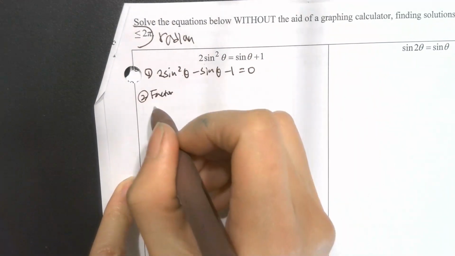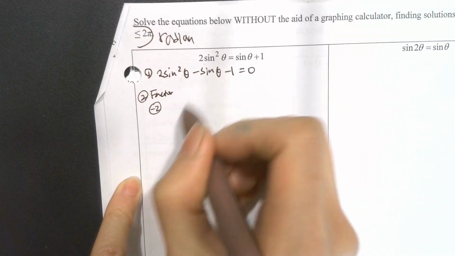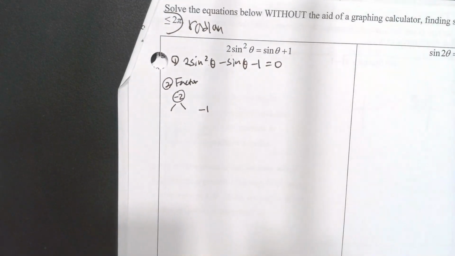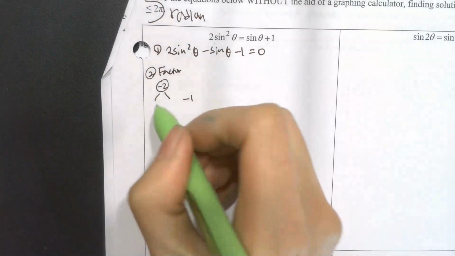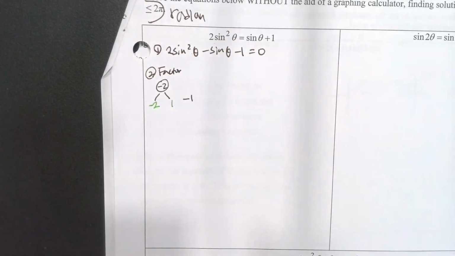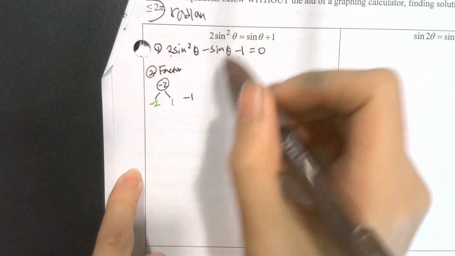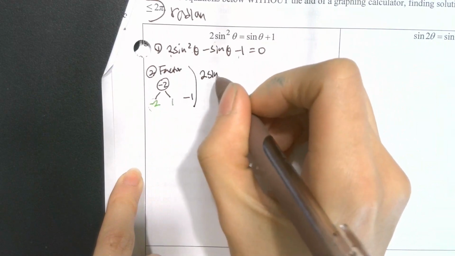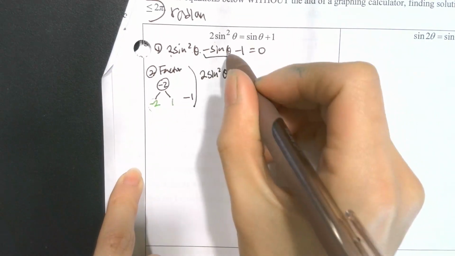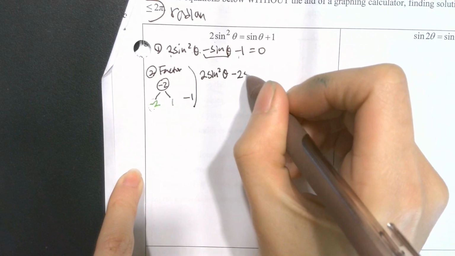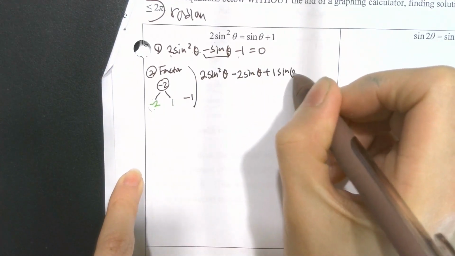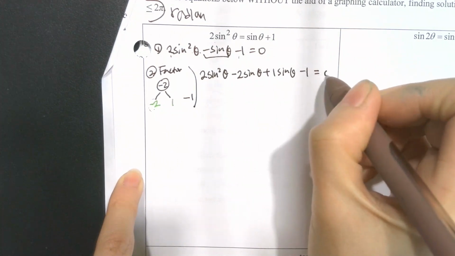A times C is -2, B is -1. Find two numbers that multiply to -2 and add up to -1. -2 and 1. Alright, now go back to the original equation and use those two magic numbers to rewrite it. So 2 sine squared theta, instead of the middle term, you're going to use -2 sine theta plus 1 sine theta and then -1 equal to 0.